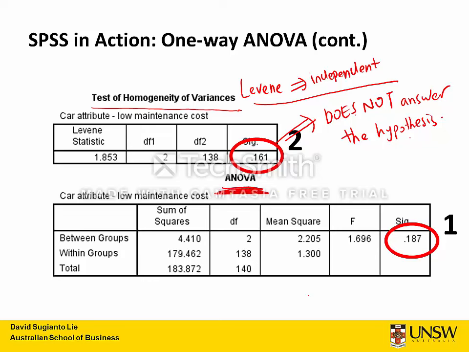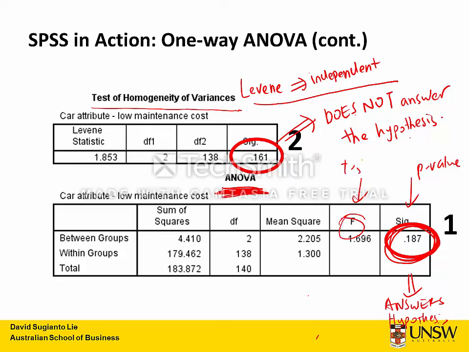The significance here shows the p-value, and this is the one that answers the hypothesis. And again, the F here is basically our friend, the test statistic.